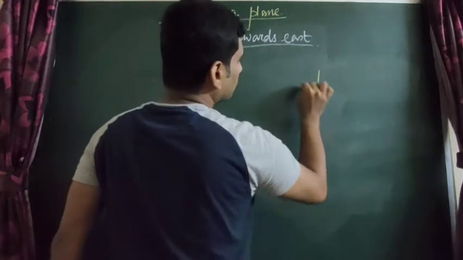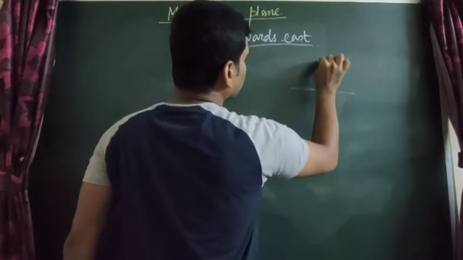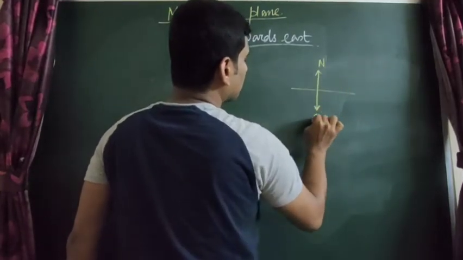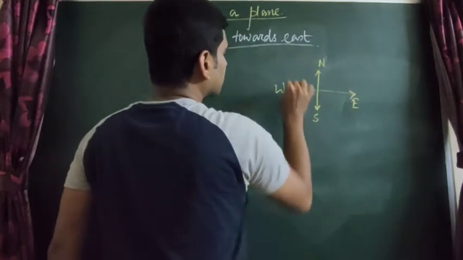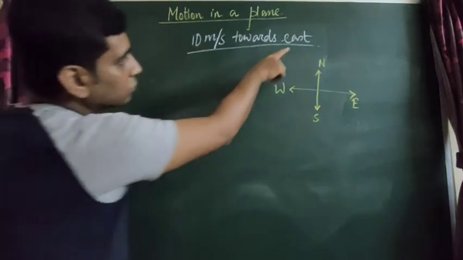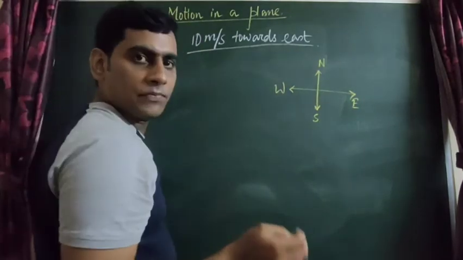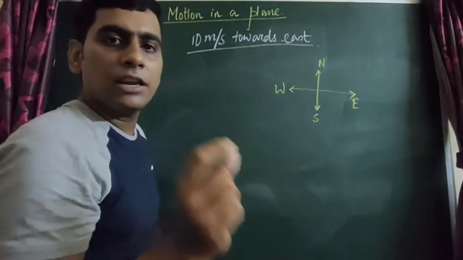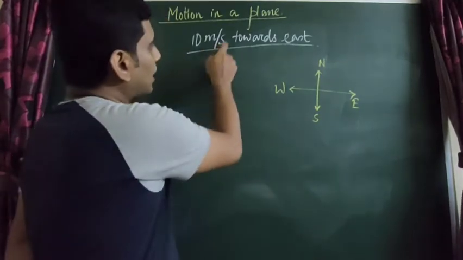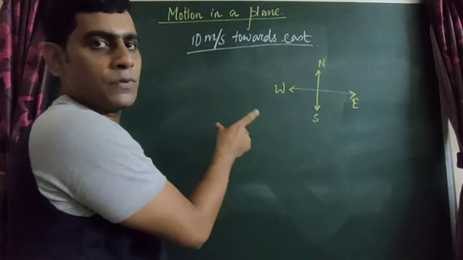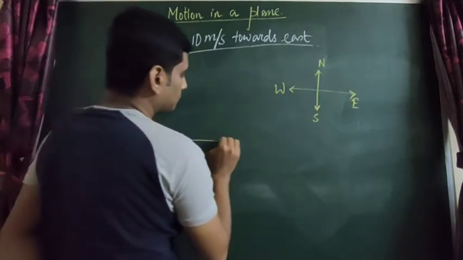As you know, this point is north, this is south, towards this is east, and that side is considered to be west. So towards east. Now if I consider 1 centimeter length to be the velocity of 5 meters per second, then to get 10 meters per second velocity, we need 2 centimeters of length.